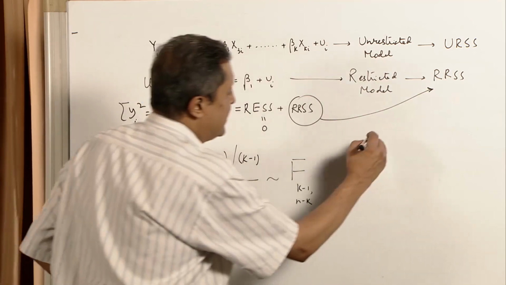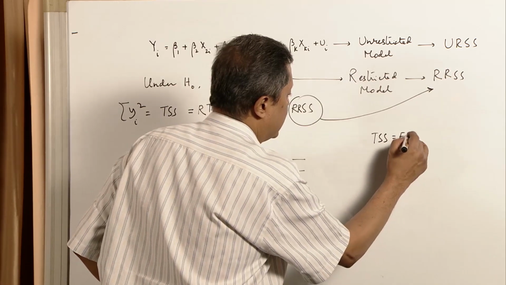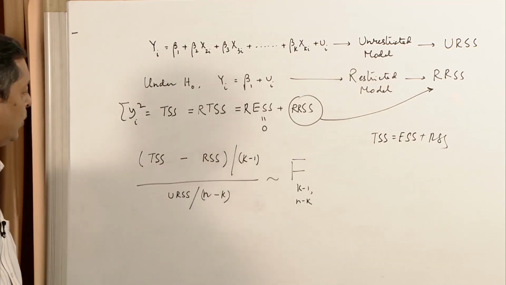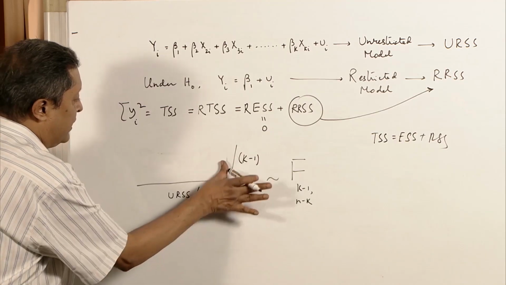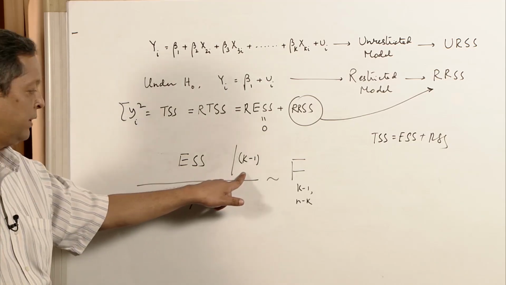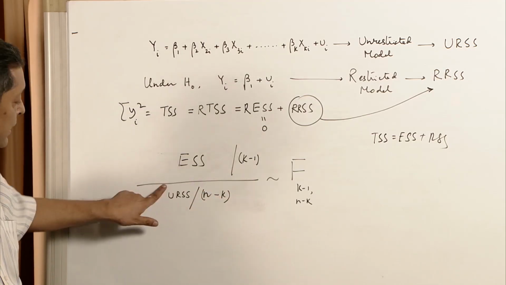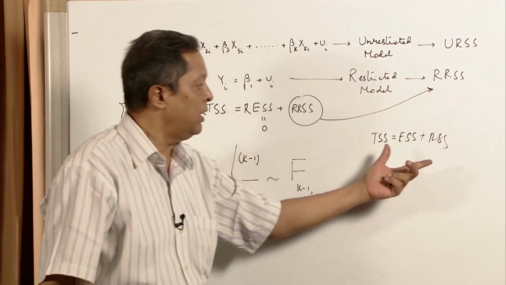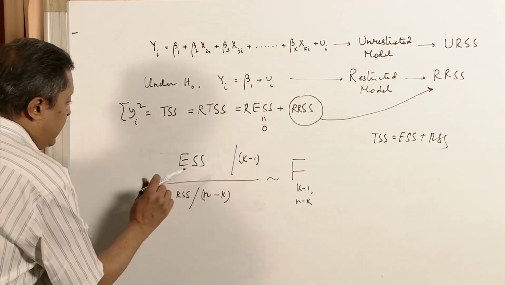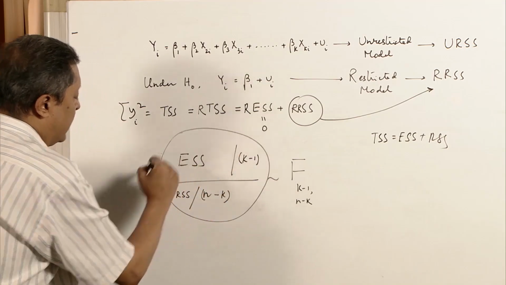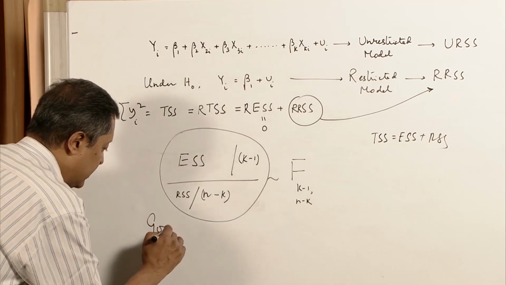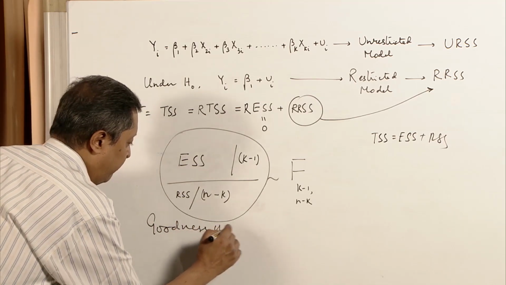So, from the basic relation TSS is equal to ESS plus RSS, what we have here is TSS minus RSS, which makes this nothing but our familiar explained sum of squares divided by the number of regressors, and in the denominator we have the unrestricted residual sum of squares, which is our residual sum of squares from the model, RSS by n minus k. If you quickly go back to the earlier module, you will find that this is the test of goodness of fit.